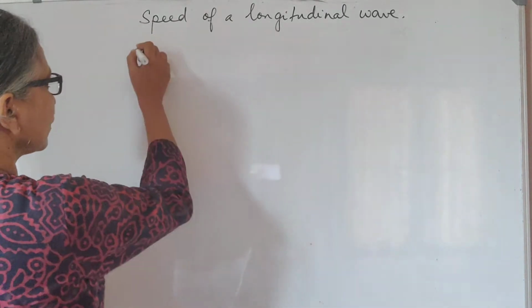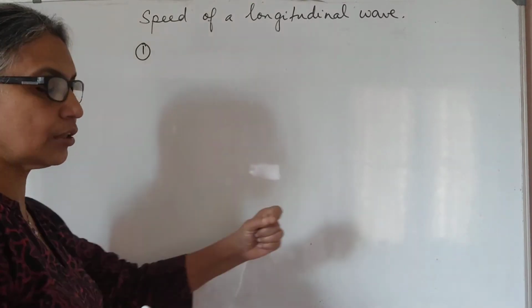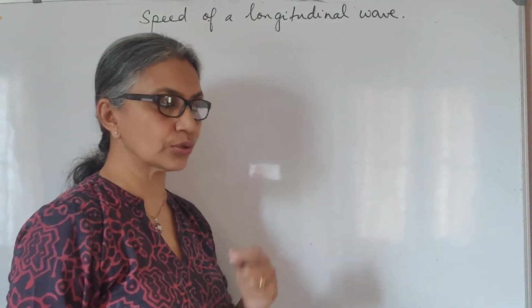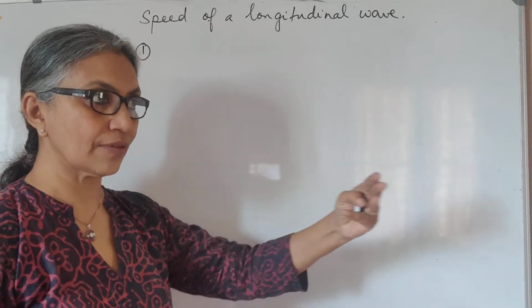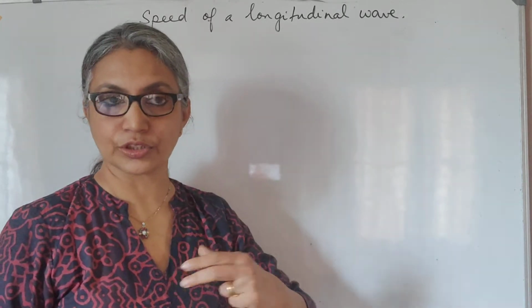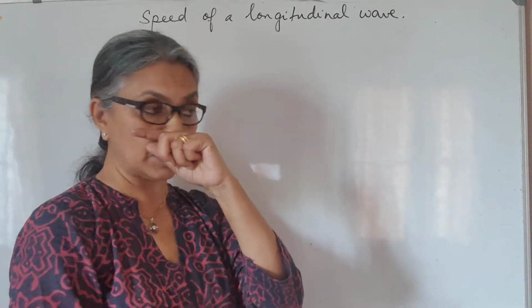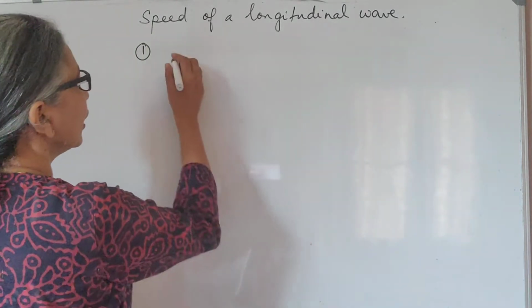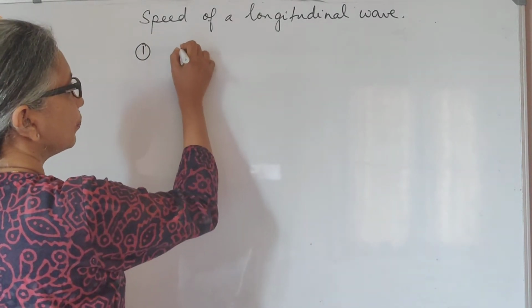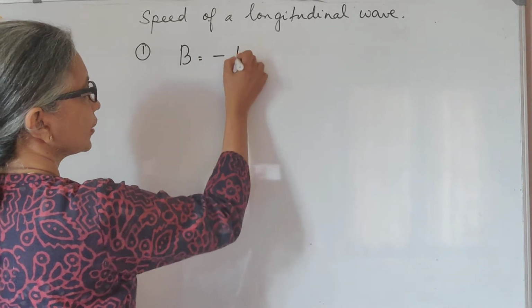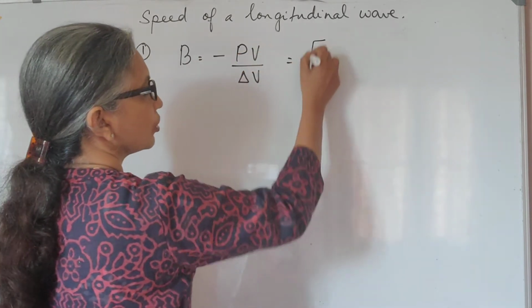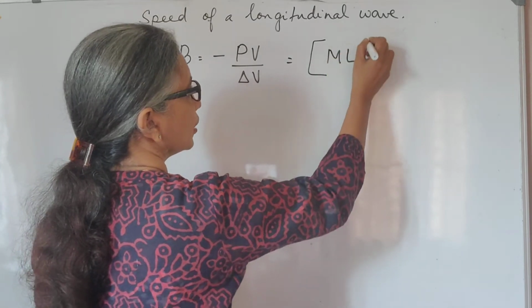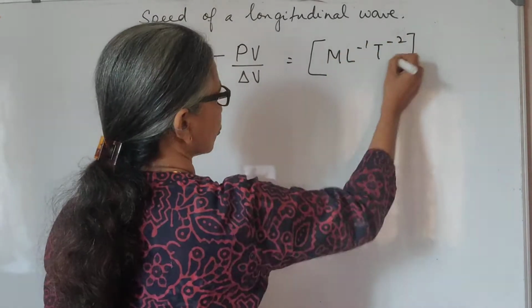So the first factor that determines the speed of a longitudinal wave in a medium, because it travels in the form of compressions and rarefactions involving changes in pressure and volume, is the bulk modulus, which is minus PV by delta V, the dimensional formula being ML^-1 T^-2.